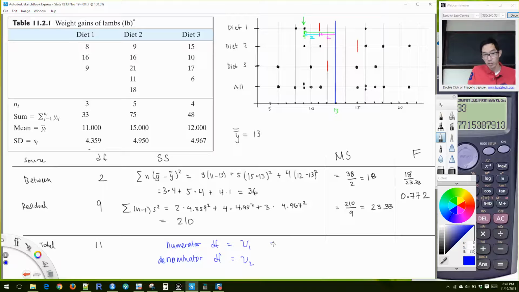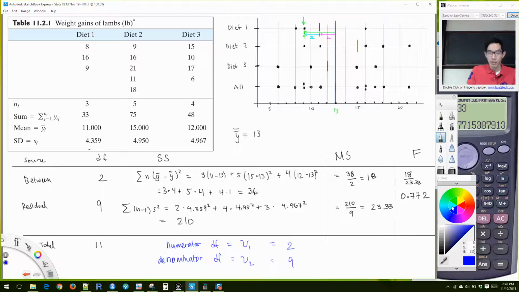Okay, so it's just how many degrees of freedom are associated with the numerator, in our case 2. How many degrees of freedom are associated with the denominator? 9. So that's straightforward. And we would use these to look up our F statistic in an F table. So if you ever had to do this.